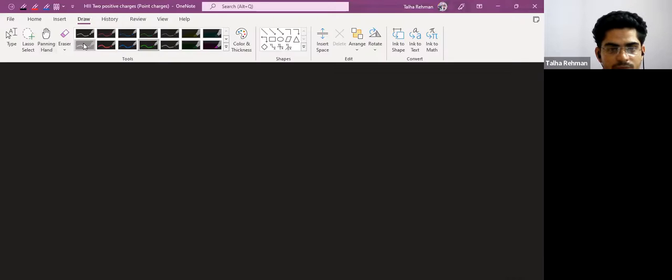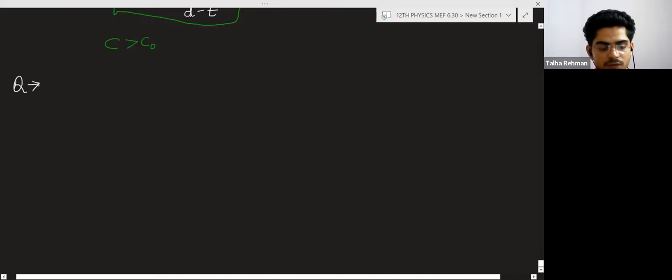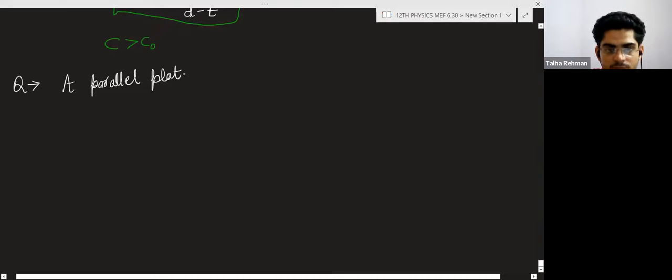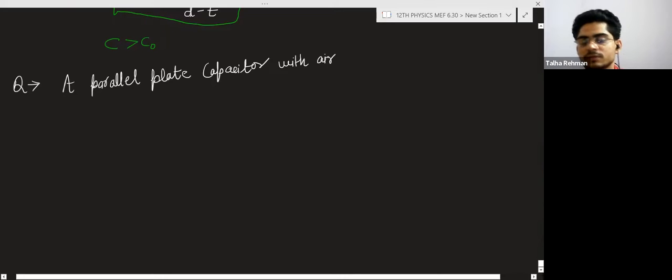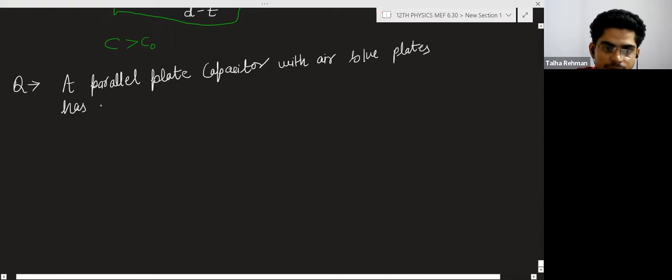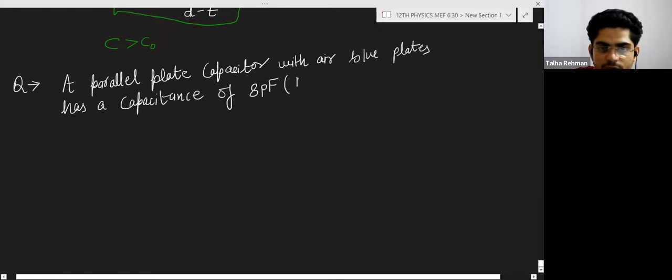So there is one question. Now you will understand the things more clearly. A parallel plate capacitor with air between the plates has a capacitance of 8 picofarad, and 1 picofarad is equal to 10 to the power minus 12 farad.